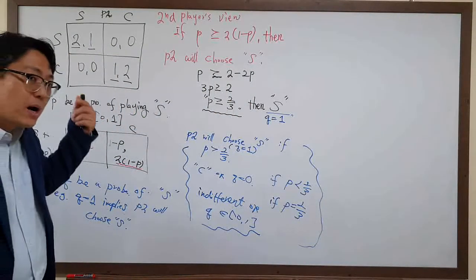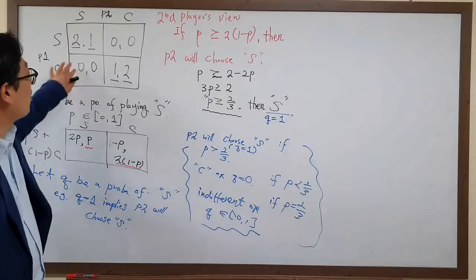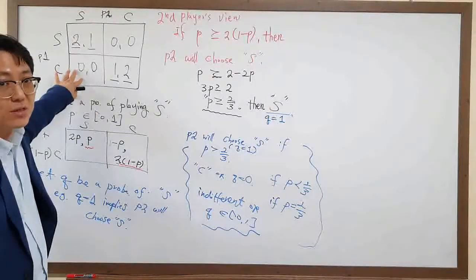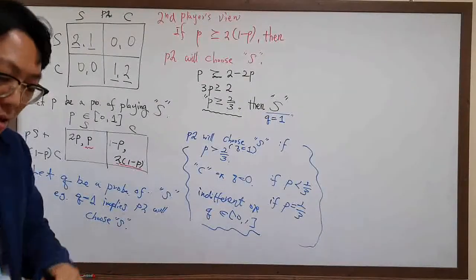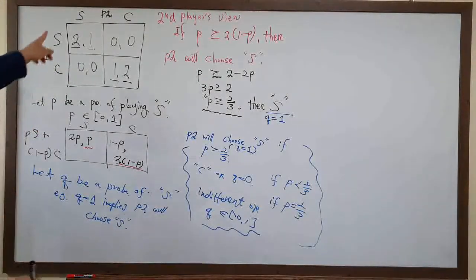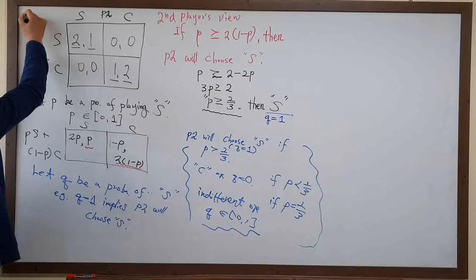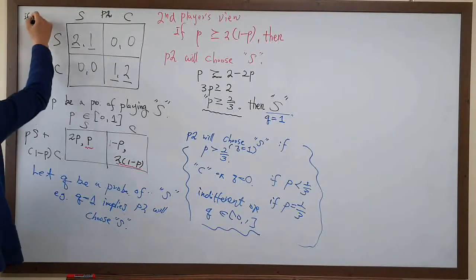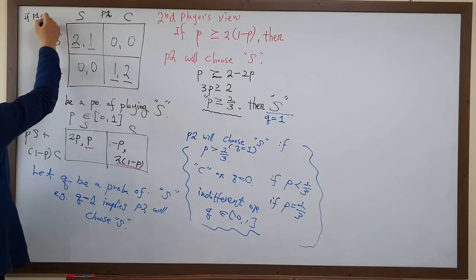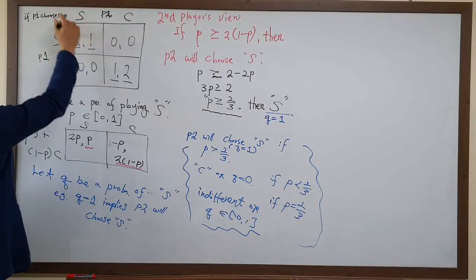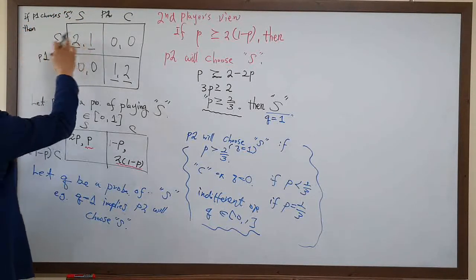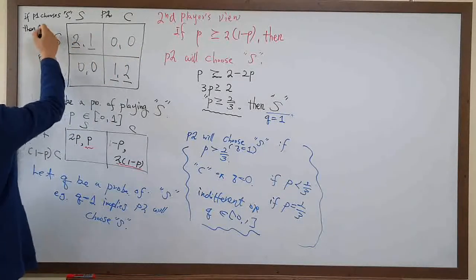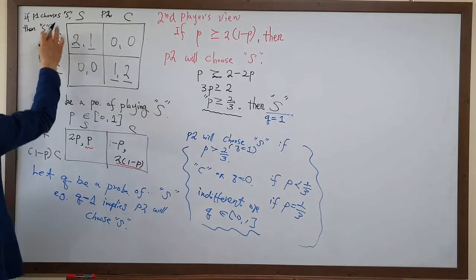If you remember what we did when we tried to find the pure strategy Nash equilibrium, from the second player's side, if, for example, player 1 is choosing S, then I'm going to choose S, right?